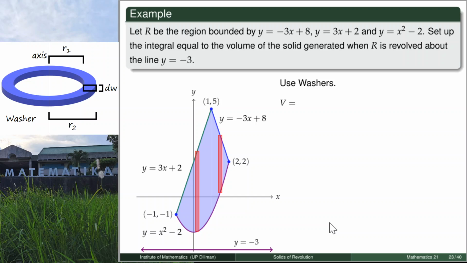And what is our interval? Oh, it is from x equals -1 until x equals 2. But wait, okay? Notice that the boundary curve above is not always the same, okay? So sometimes it's 3x plus 2, but sometimes it's -3x plus 8. So what does that mean?